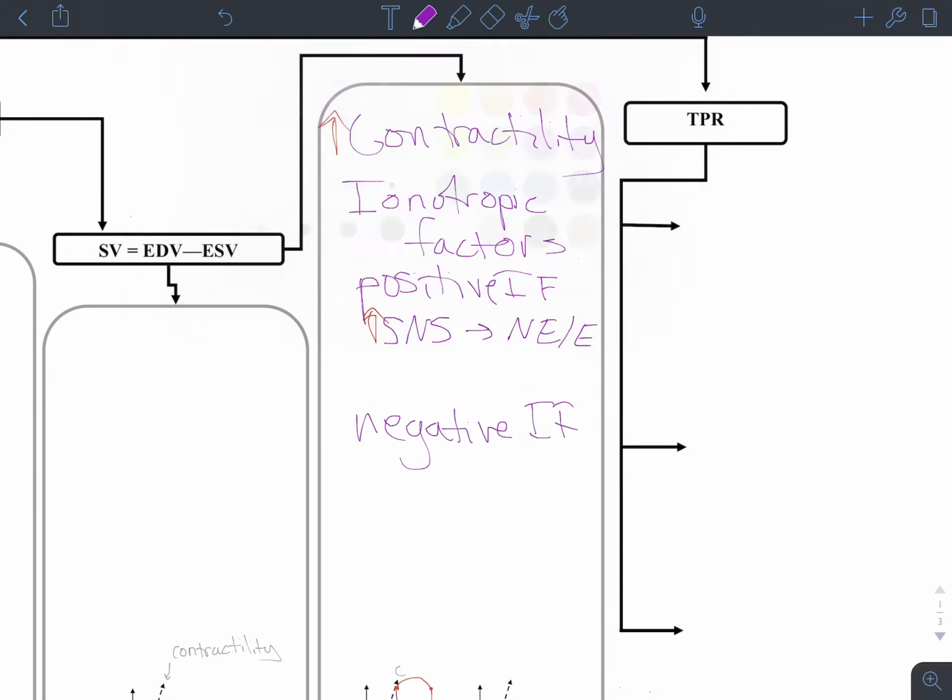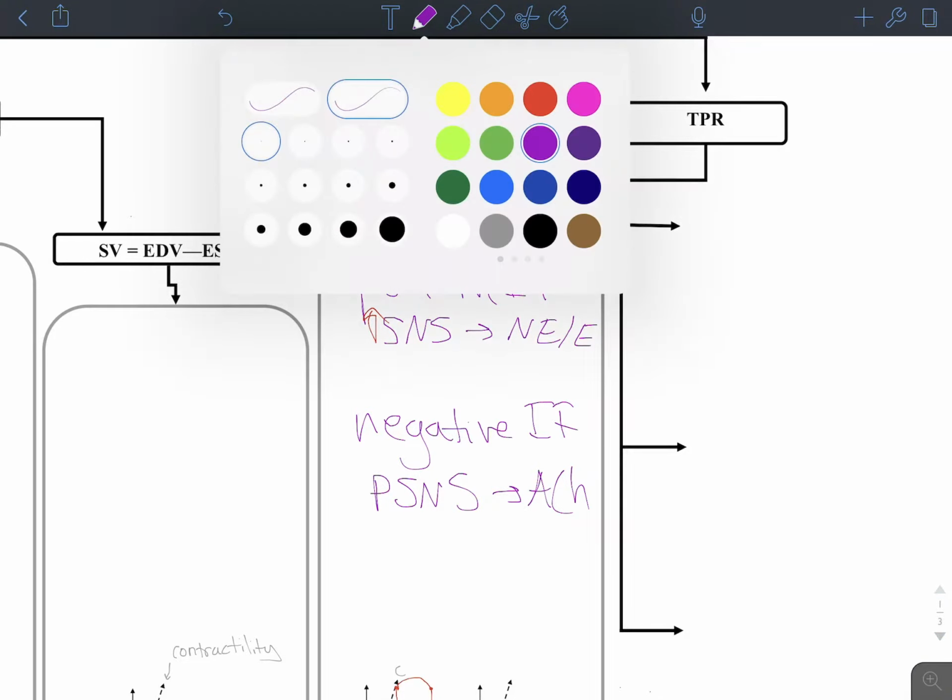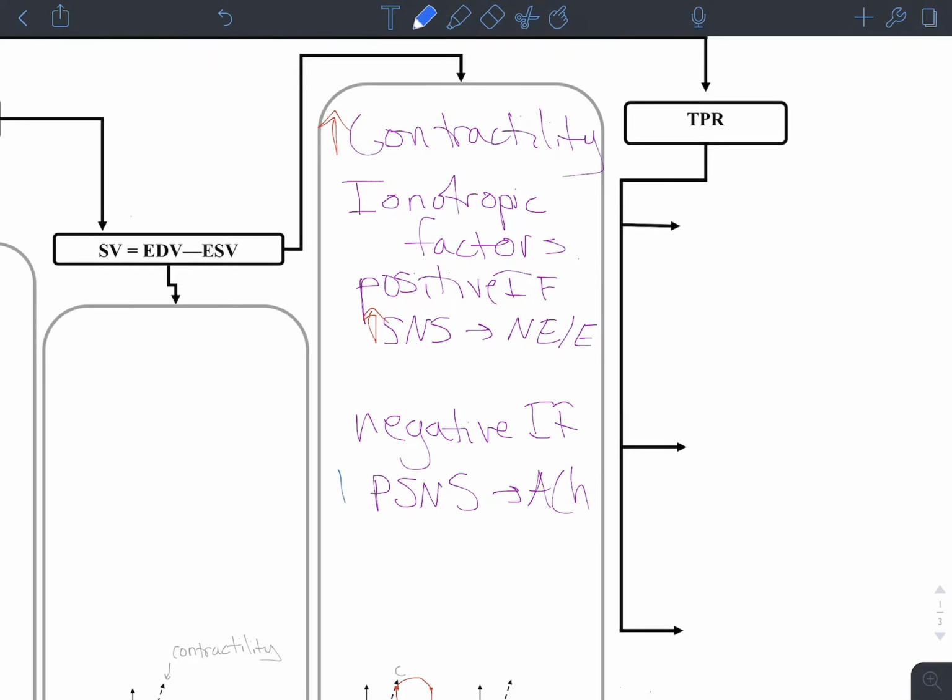All right? Negative inotropic factors would be activating our parasympathetic nervous system. And our parasympathetic nervous system is primarily releasing acetylcholine. And if we are increasing parasympathetics, we are actually decreasing contractility, all right? And you can think about it this way.